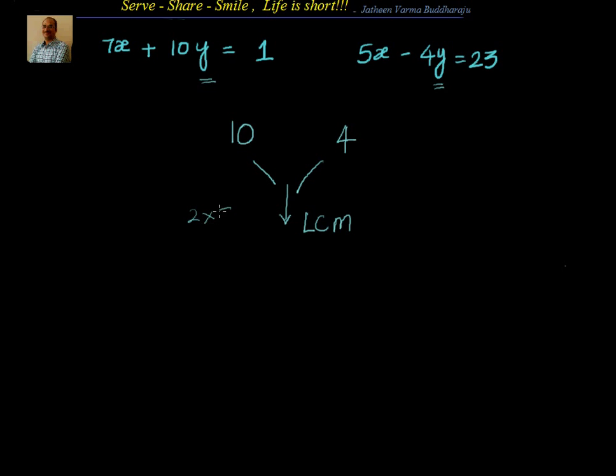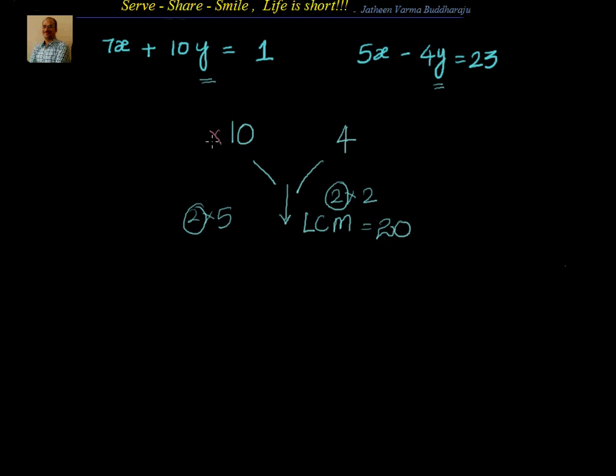10 and 4 LCM. 10 is 2 into 5 and 4 is 2 into 2. So we know that 2 is common. LCM is 2 into 2 into 5, that's equal to 20. Now if LCM is 20, that means both these coefficients should be made 20, so that you can eliminate the variable. So our next step will be, by which value should I multiply the first equation?